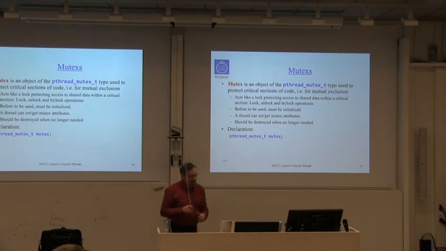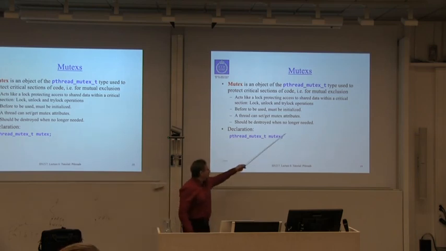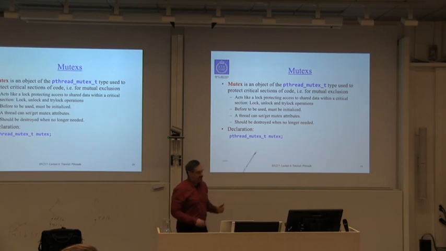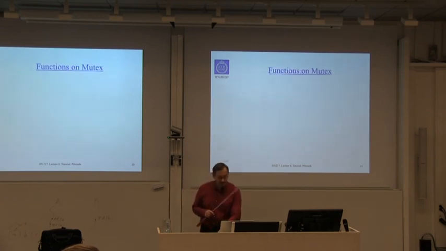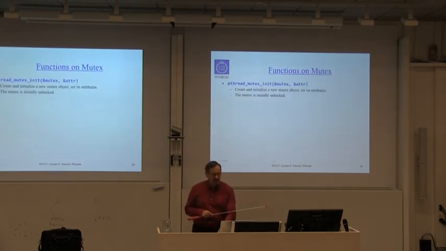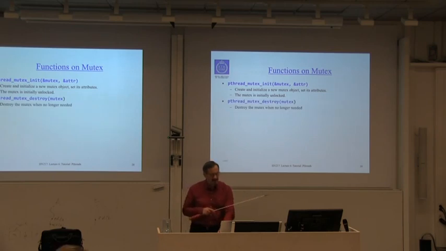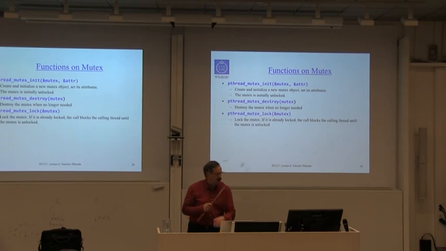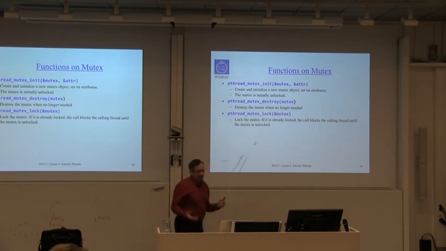So the declaration is like this, where you give some arbitrary name to a variable of this type. The functions are quite obvious. Init is deprecated, so I'm not talking about it. Destroy, I don't think so. Lock is quite clear, lock the lock.